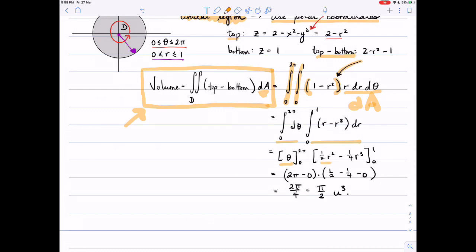The antiderivative in terms of r, 1/2 r squared minus 1/4 r to the fourth. And so plugging in here the top value minus the bottom value, we're getting 2 pi minus 0 times 1/2 minus 1/4, which is 2 pi times 1/4, 2 pi over 4, or pi over 2 units cubed.